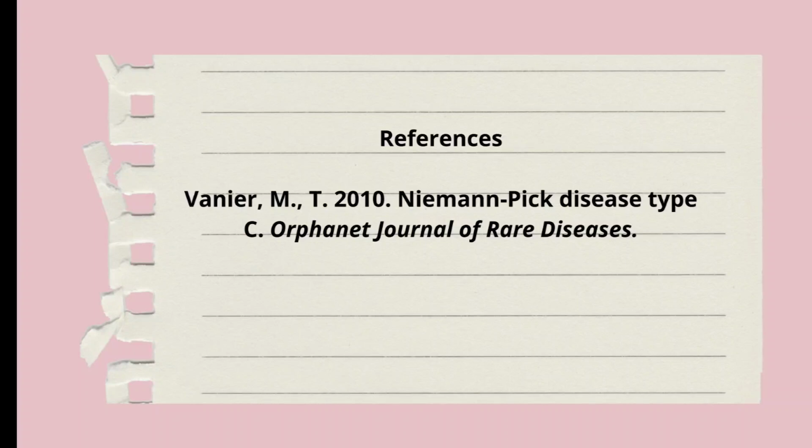This causes cholesterol to accumulate in lysosome, resulting in brain, bone marrow, liver, spleen, and lung damage. Diagnosis includes blood tests and genetic sequencing, and treatment is mostly supportive.